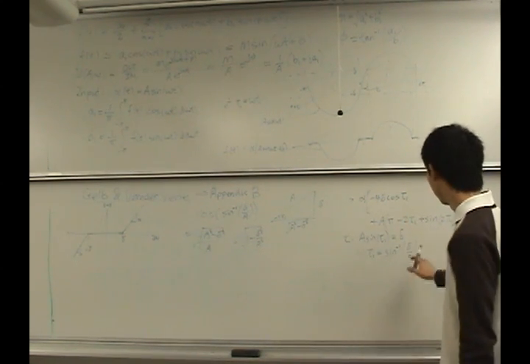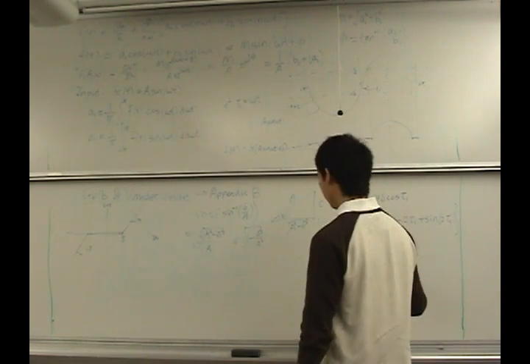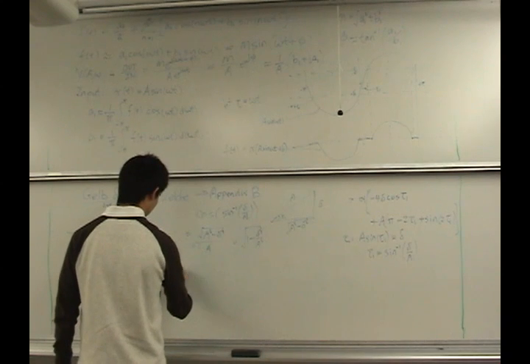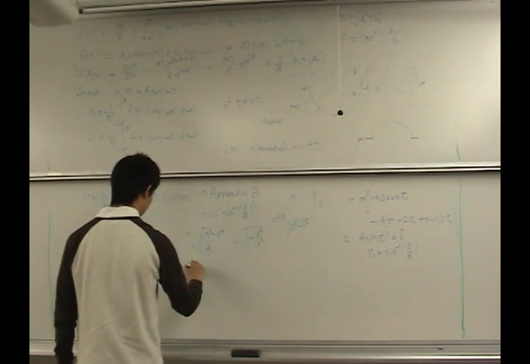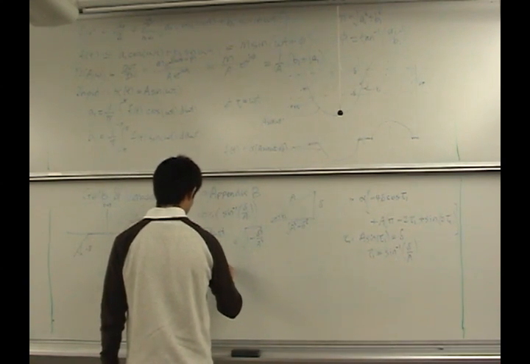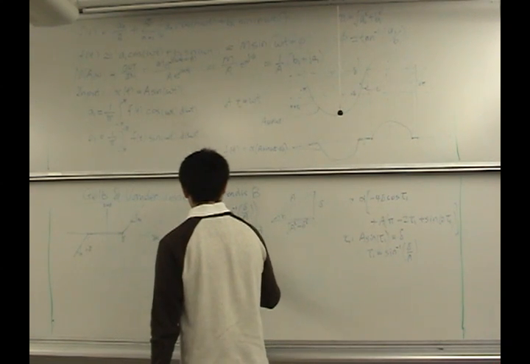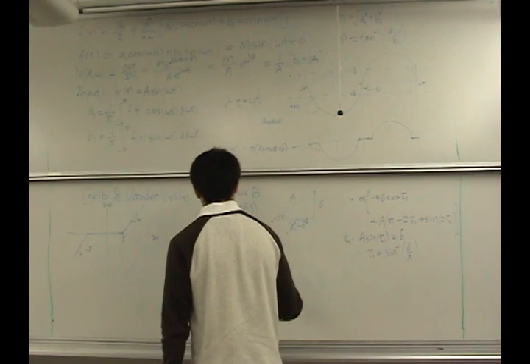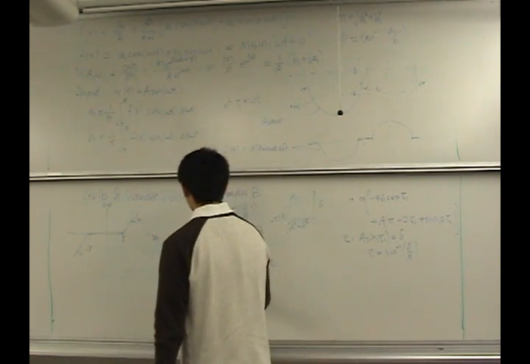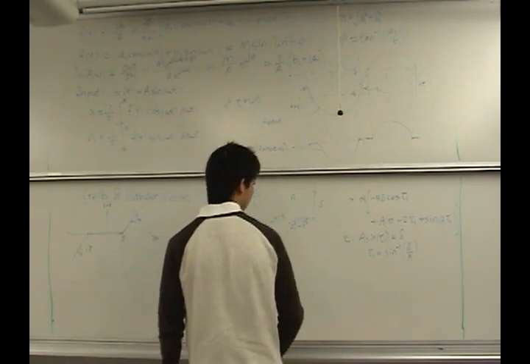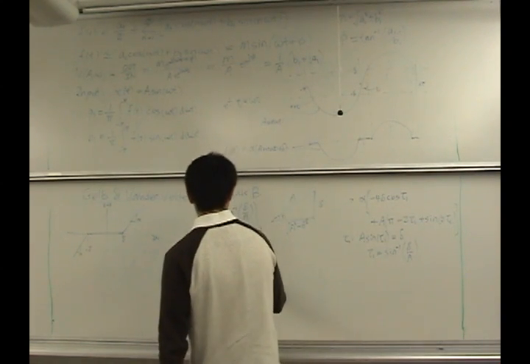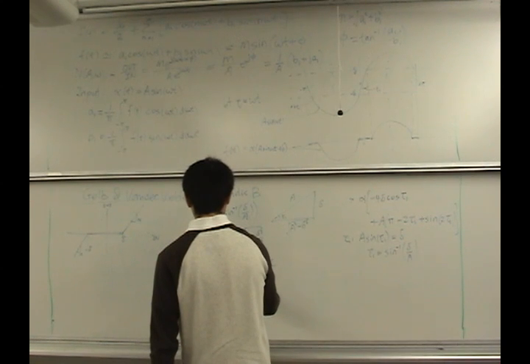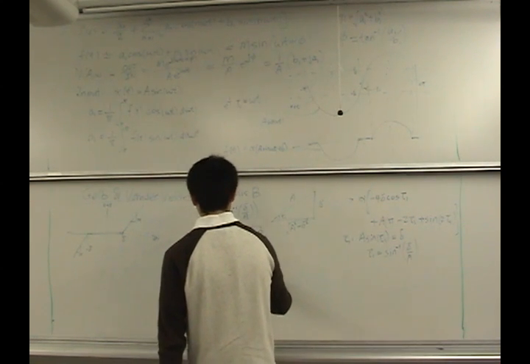This one, sine 2 tau 1, you could easily break that into 2 times sine tau 1 times cos tau 1. And that just gives you 2 times delta over A, times cos tau 1.